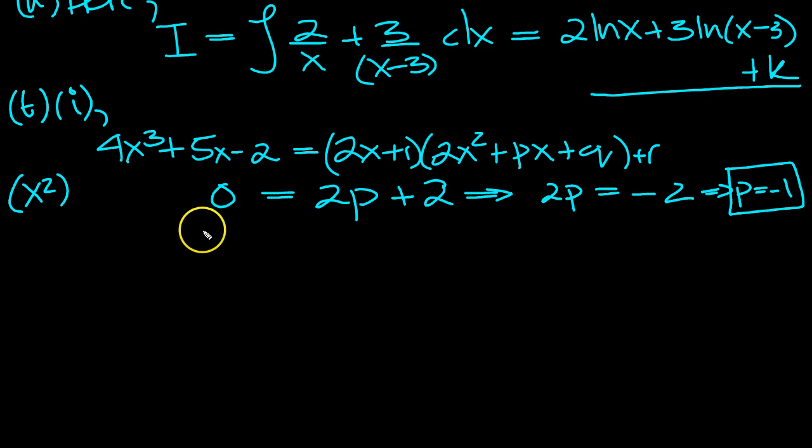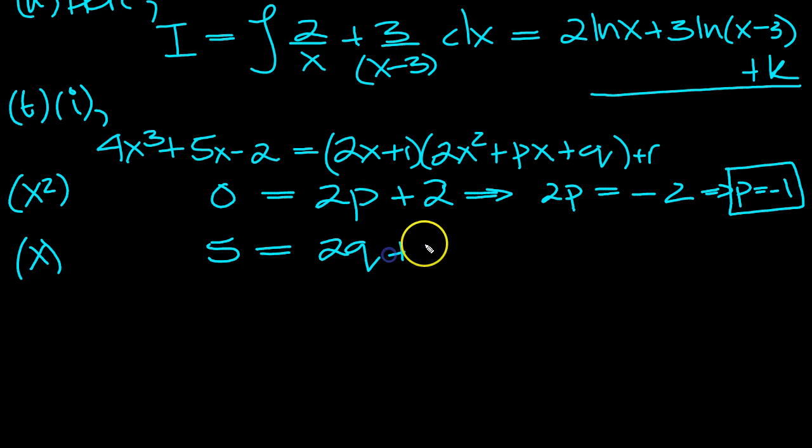Okay, now we can proceed. Because we've got p here, let's just equate x's now, because we know p. So 5 on this side is equal to 2x times q, isn't it? So that's 2qx. And then 1 times px is plus p.